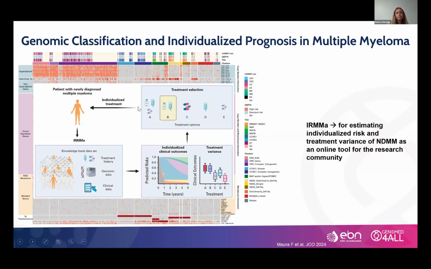In this paper, the authors demonstrated that a new algorithm could be created, called IRMA, for estimating the individualized risk and treatment variance for newly diagnosed multiple myeloma. And this tool is also available for the research community online in order to predict the response of a specific patient to a specific treatment.